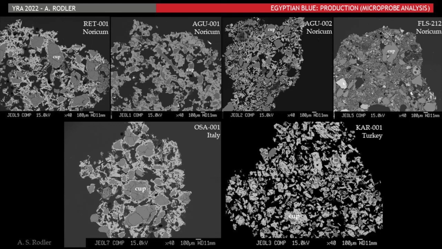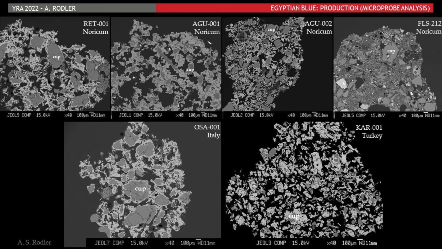So this might indicate that different production techniques were used. This is not possible to see just when looking at the samples, so we had to do a microprobe analysis to actually visualize and characterize also the internal composition of these samples.